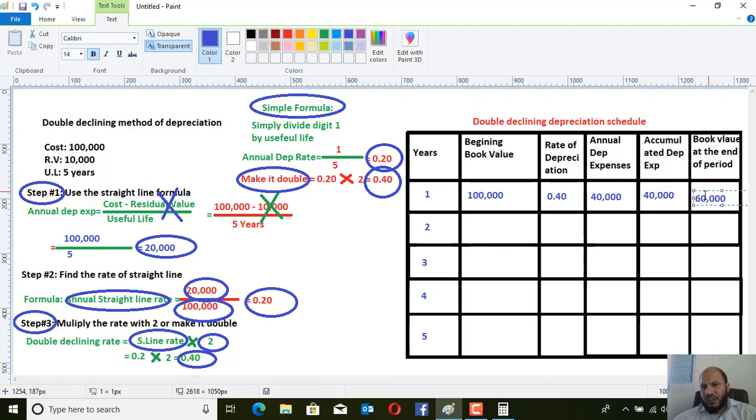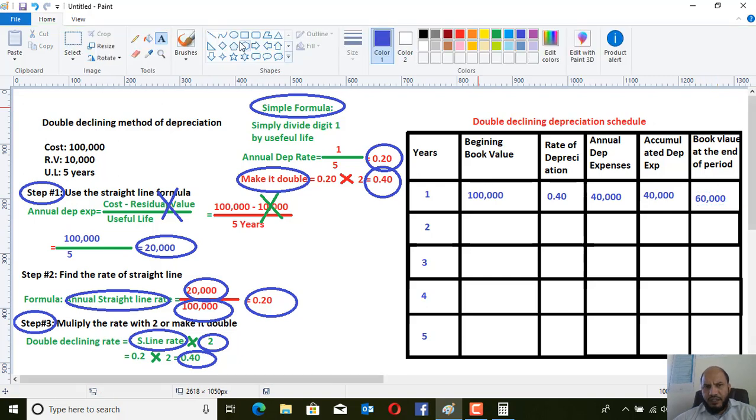And this 60,000 that we have in the balance, we will bring this, because the ending value of 1 year is the beginning value of the next year. So we will write down 60,000 over here.